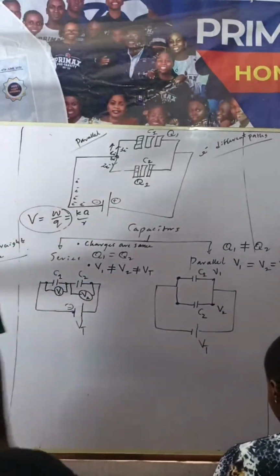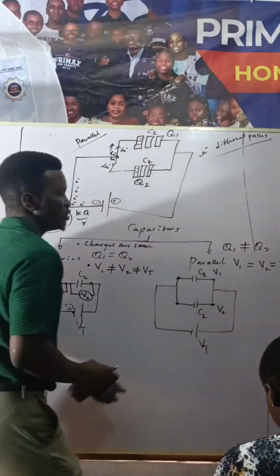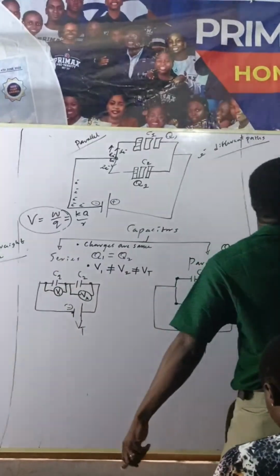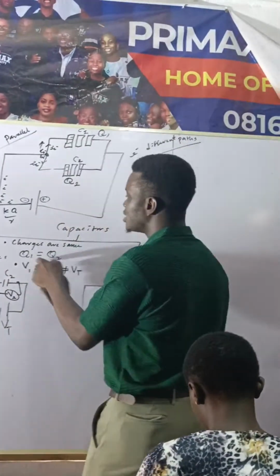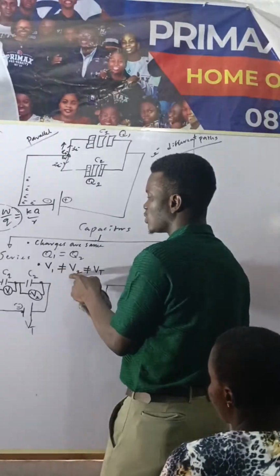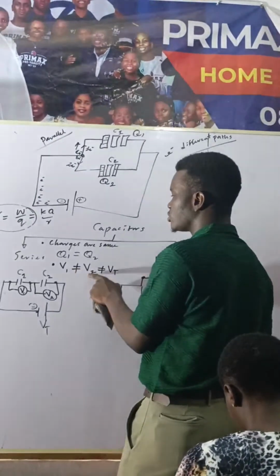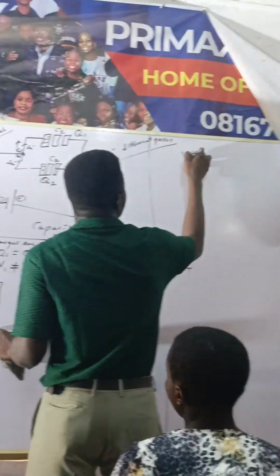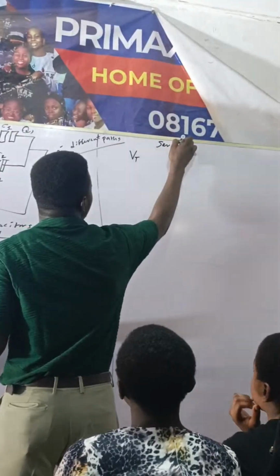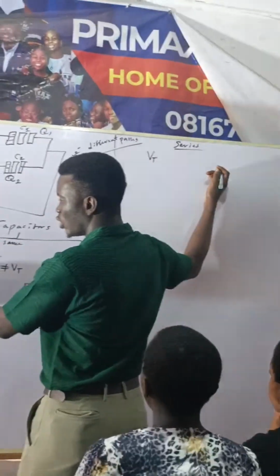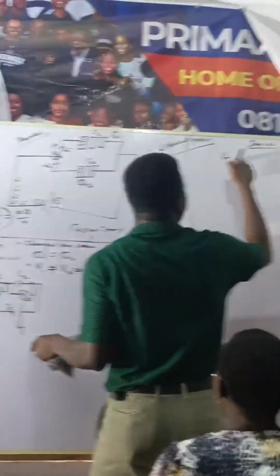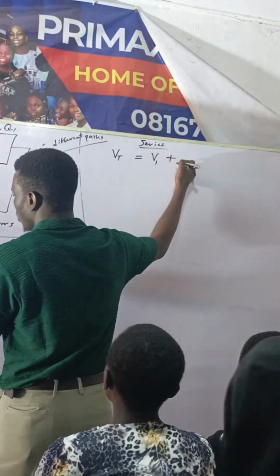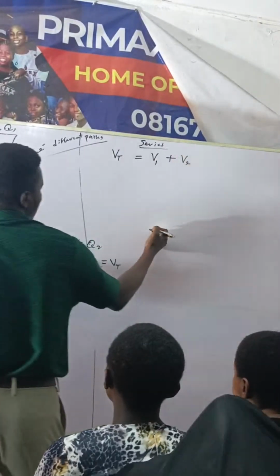Then, if charges are equal, for the first scenario, for series, Q1 is equal to Q2. V1 is not equal to V2, and it's not equal to VT. But here, VT for series, it is this battery that will do work in both of them. So the work done by that battery will be equal to the work done across the first capacitor plus the work done across the second capacitor.